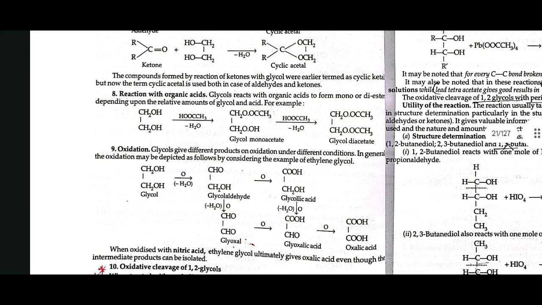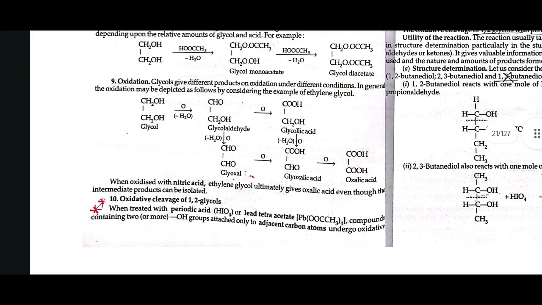Reaction with organic acid. Glycols react with organic acids to form mono or diesters depending upon the relative amounts of glycol and acid. Oxidation. Glycols give different products on oxidation under different conditions. In general, the oxidation may be depicted as follows, considering the example of ethylene glycol.